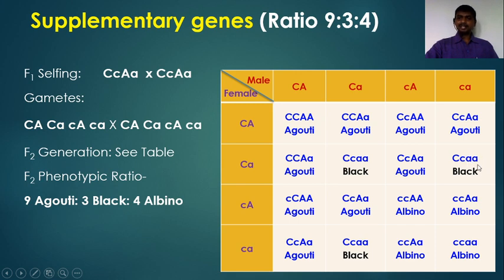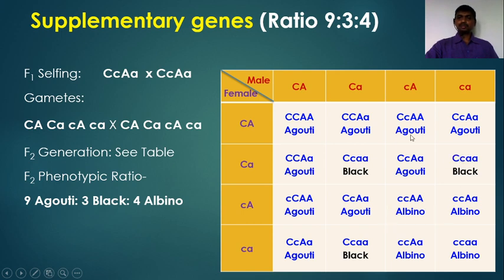When A is dominant, it produces the agouti. When it is recessive, it produces the black. So for the color production, whether agouti or black, the dominant C should be present. For the production of agouti, both C and A should be dominant. But for the production of black color, only the dominant C gene is required.